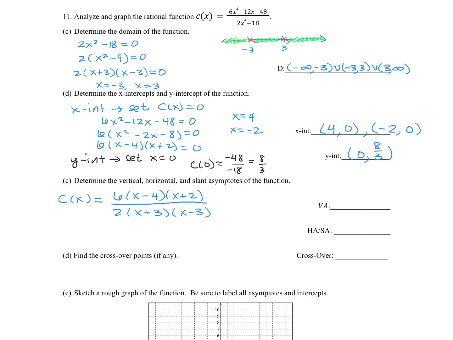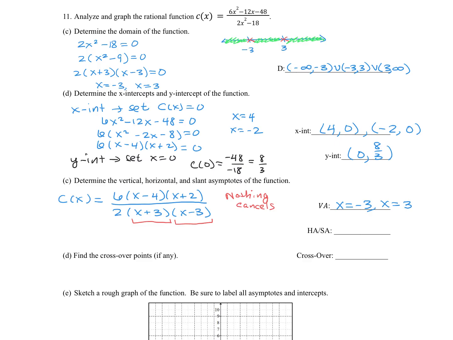You will notice that nothing cancels. So both of those are going to give me a vertical asymptote. I've got x equals negative 3 and x equals positive 3. And again, hate to sound too redundant here, but remember that the exclusions in your domain are going to match those, including any holes you may possibly have, which we don't have.